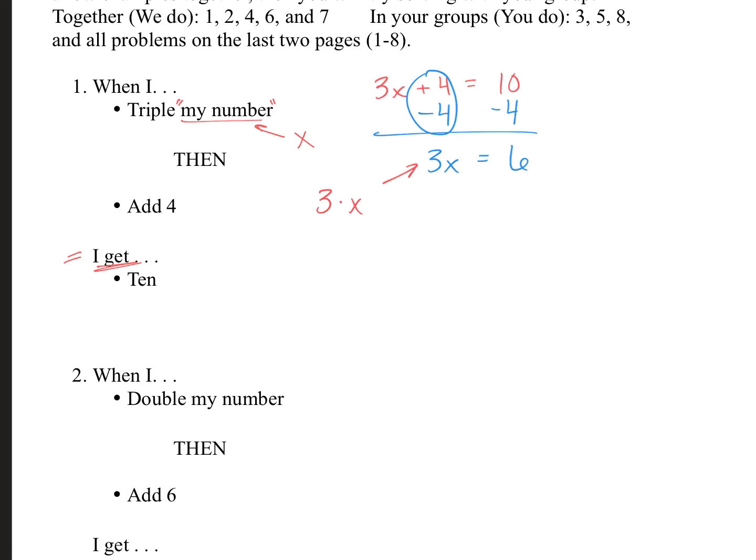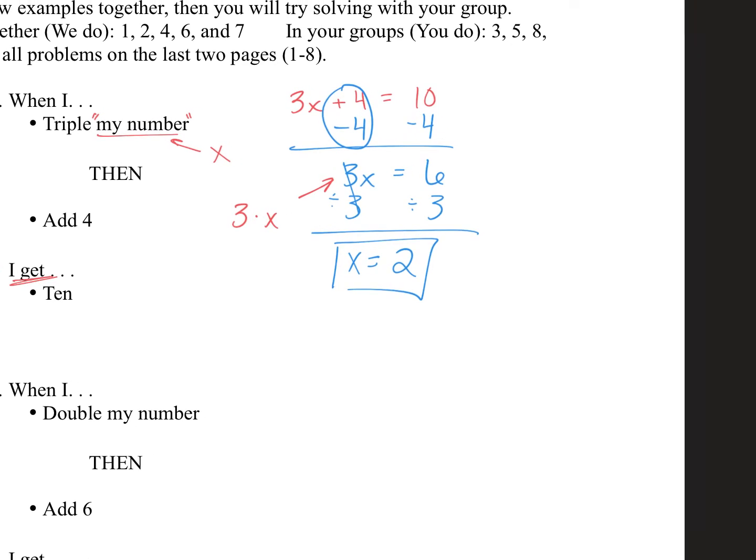So I'm going to divide both sides by 3. Okay? So 3 divided by 3 is just 1. So 3x divided by 3 is just 1x, or we usually just write it as x. And then 6 divided by 3, that's 2. Okay? So x equals 2 is my final answer.